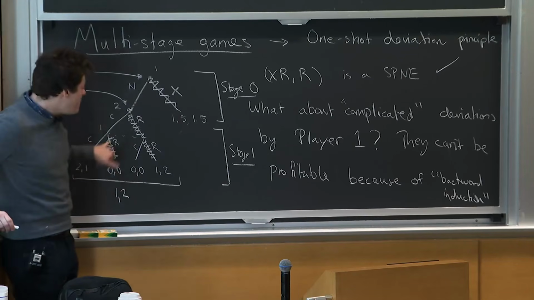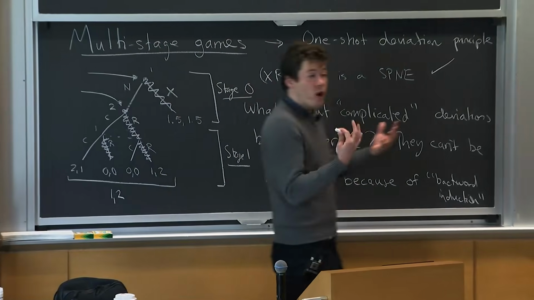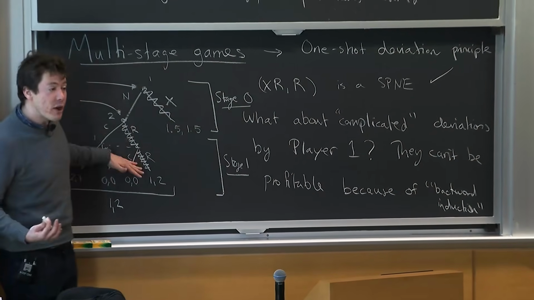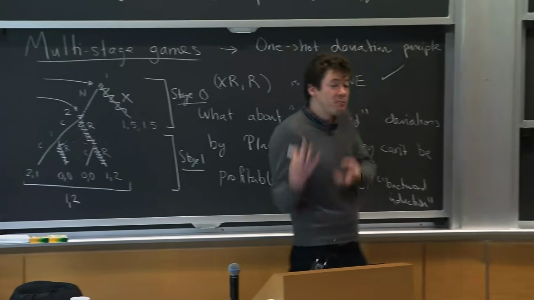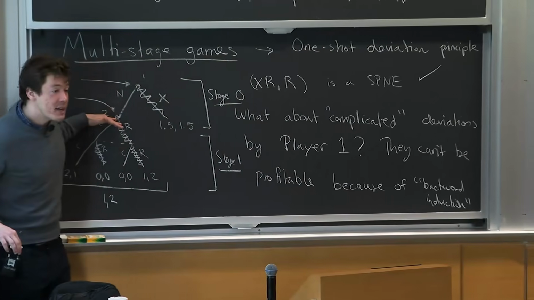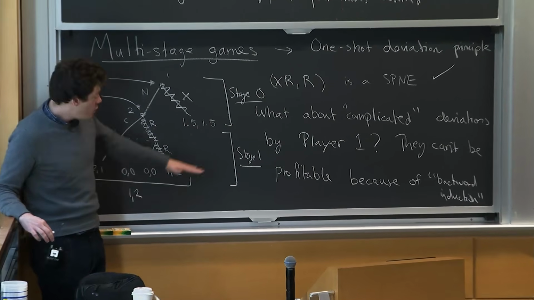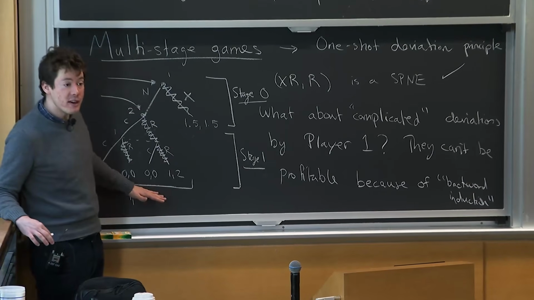But because player 1 doesn't observe the move that player 2 makes, it's as if players 1 and 2 are moving simultaneously, right? I could say player 1 moves, and then player 2 moves, not observing player 1's move. The order doesn't matter as long as the players don't observe what the other player is doing. So effectively, what's happening in this game is the players are playing a simultaneous move game within stage 1, and that simultaneous move game is exactly the Boston game that we studied.